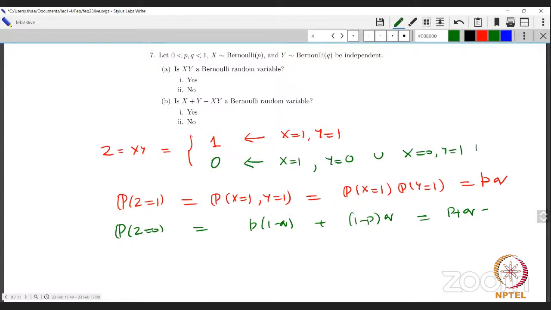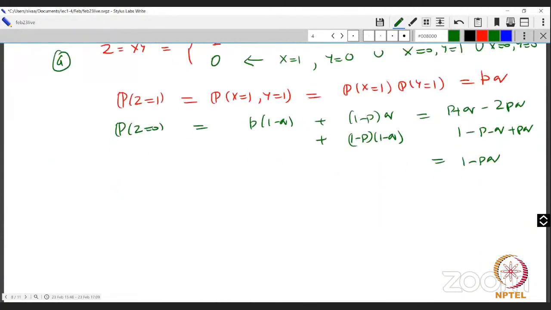Yeah, I also have another one. I have both equal to 0. The third term is x equal to y equal to 0. So I have plus 1 minus p into 1 minus q. If I do all this, I will just get p plus q minus 2pq. And from this, I'll get 1 minus p minus q plus pq.